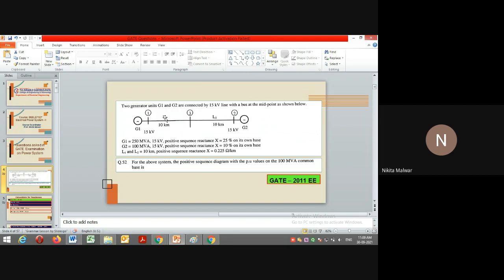In this diagram you cannot consider any transformer, so all the equipment included in the single line diagram has only one section. So only section 1 is given. In this section you have line 1 and line 2, whose given value is 0.225 ohm per kilometer.